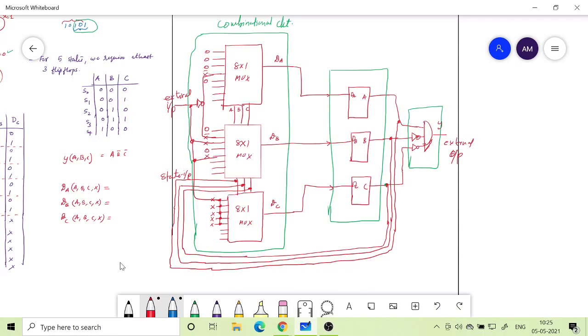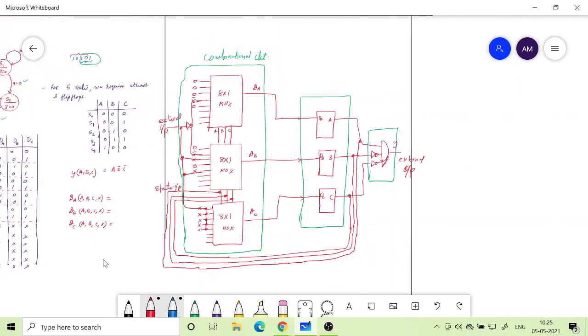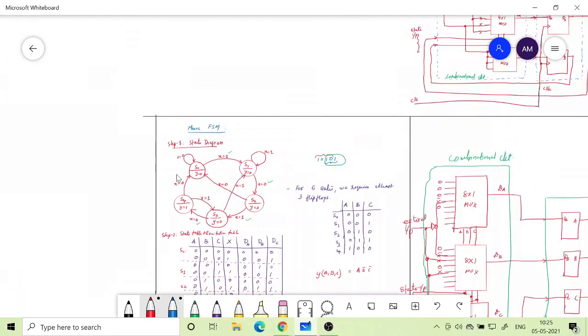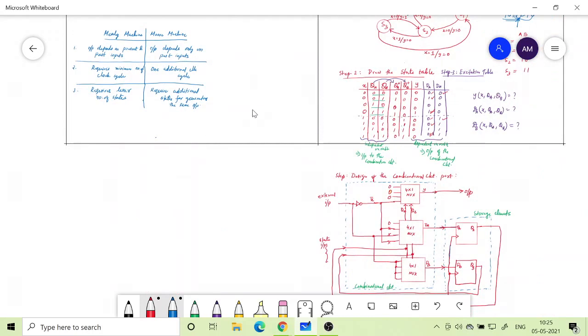So this is the block diagram I started with today when I talked about the Mealy machine block diagram.